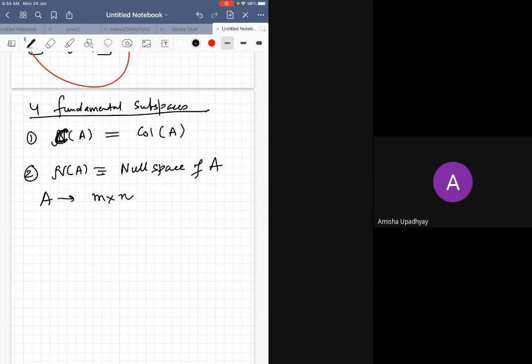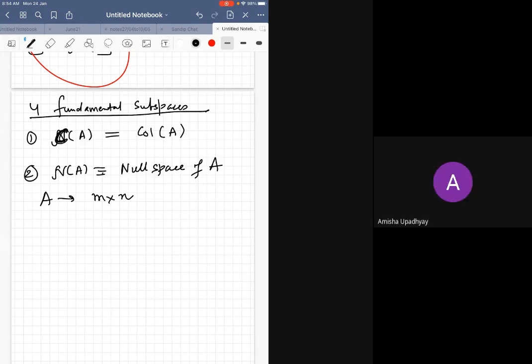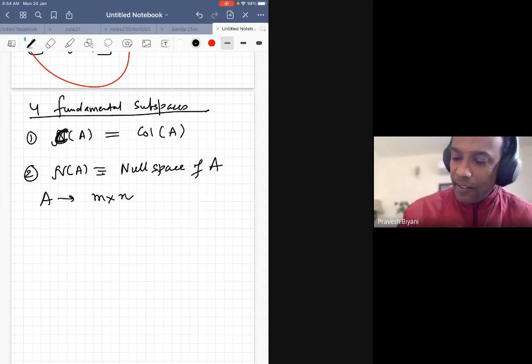I thought you said column. Okay, you did give the right answer. What is the vector length of each element of the column space of A? The length of each column would be M, right? Thanks.